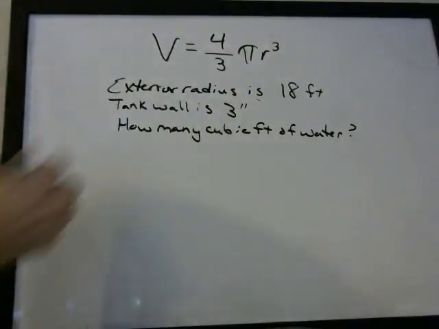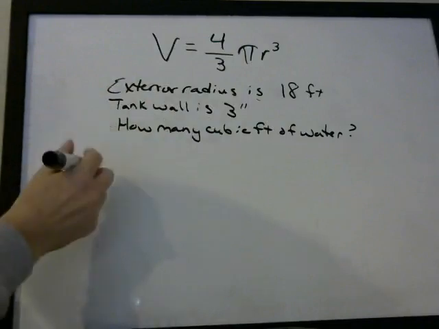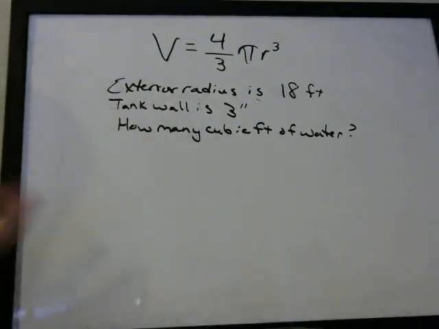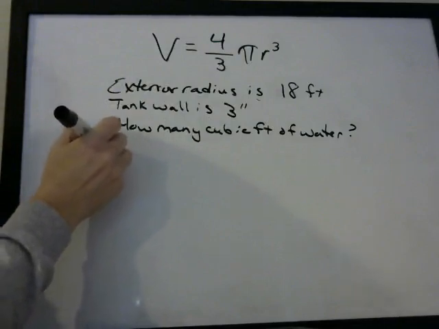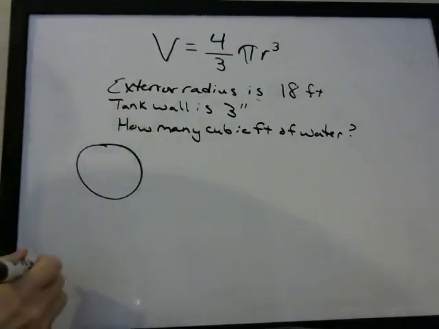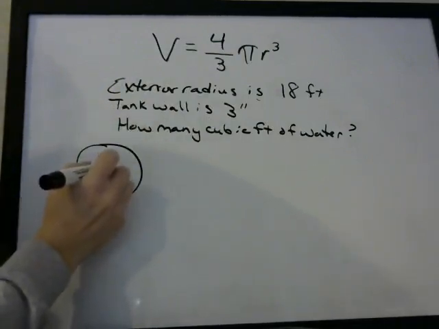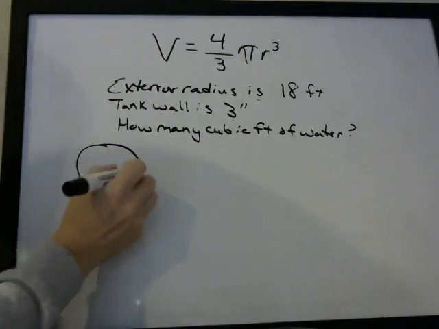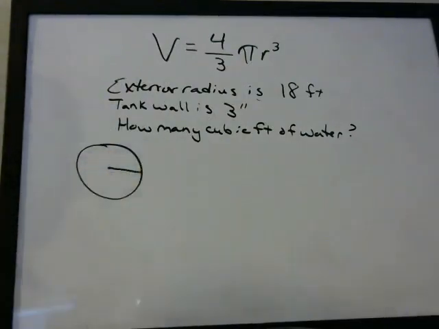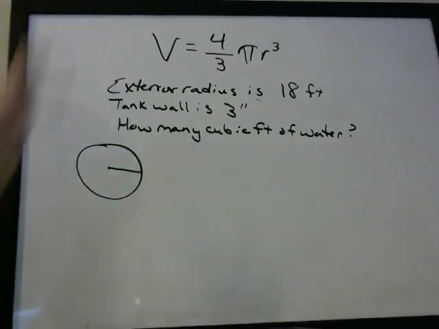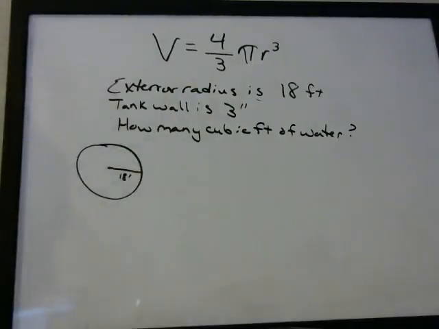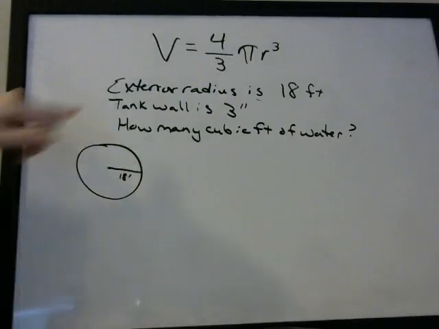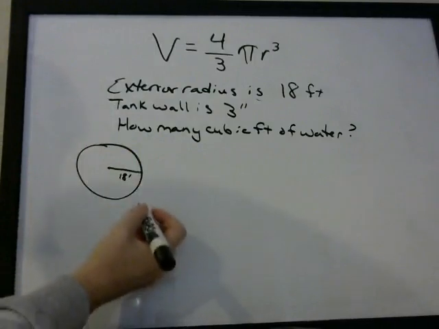So what does this mean? Remember, we have a sphere, a ball. We're going to fill it up. The radius is 18 feet. So let's say we're looking at that circle. The radius, remember, is from the center out. Exterior means the outside, so to the outside edge is 18 feet. But they're telling us that the wall to this tank is 3 inches.